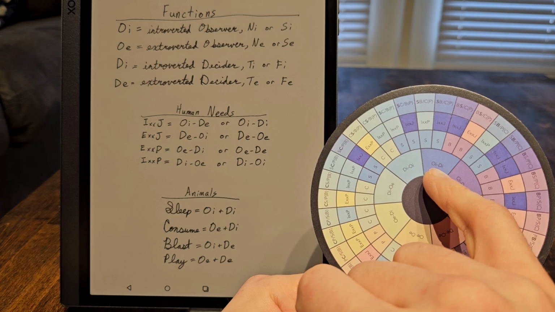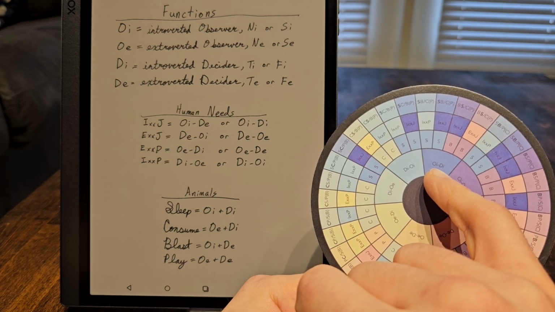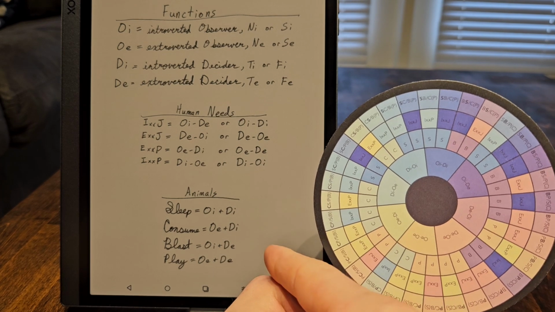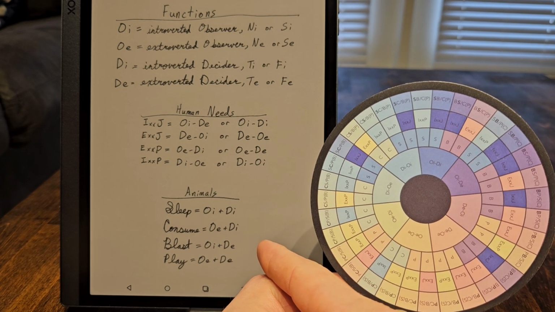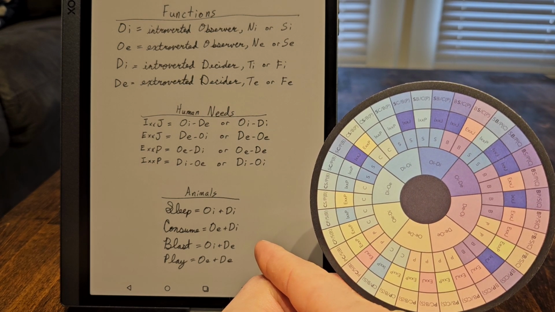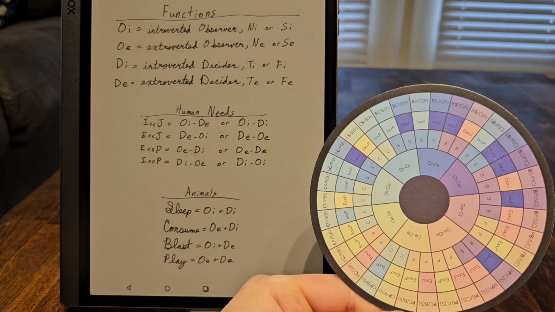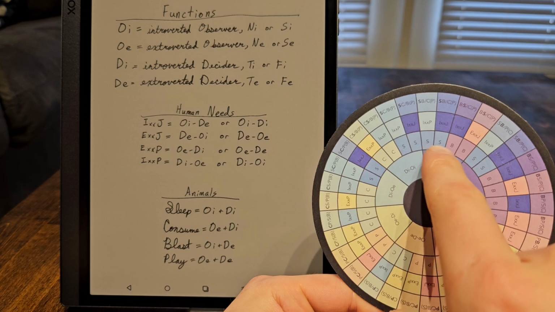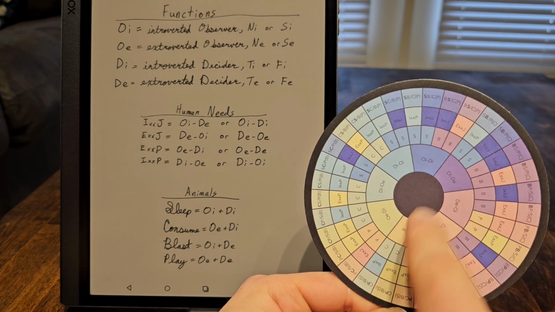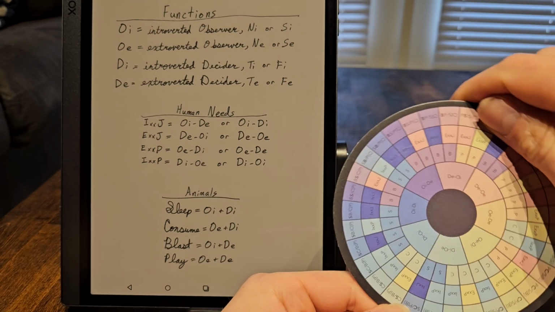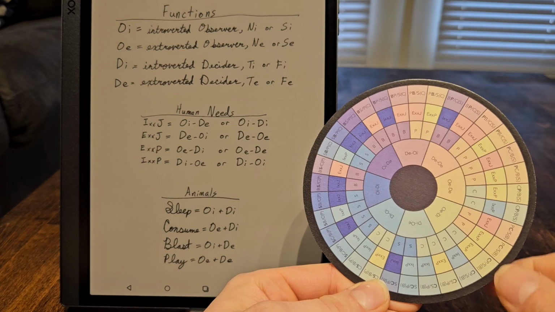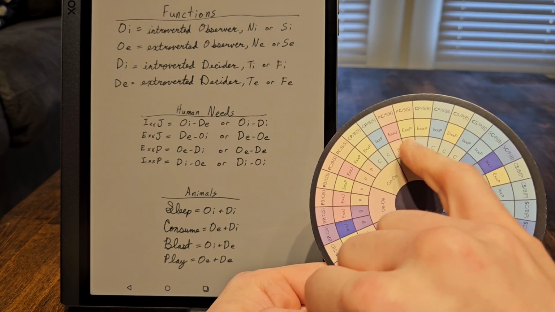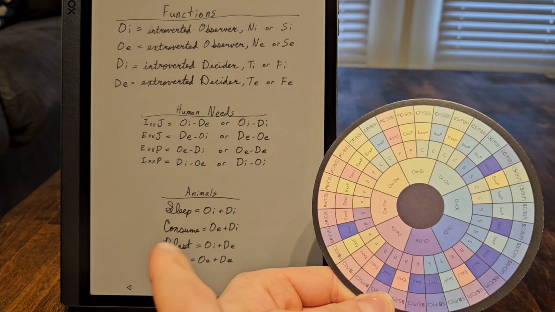And then if you look at the very bottom there where it says animals, you can see that sleep is going to be OI plus DI. And that's what we have here on the second ring. This S stands for sleep and the B stands for blast. This P here stands for play, and this C stands for consume. So that's what this ring is. This ring just represents the animals.